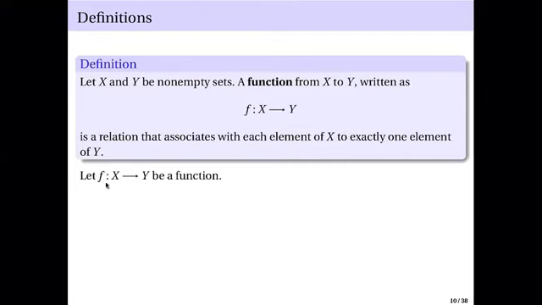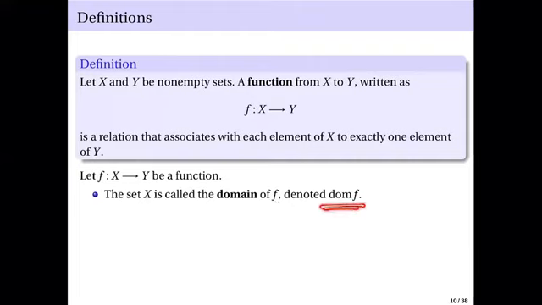The set X, this guy here, we call it the domain of F. And we denote it by dom F. So the domain of F. The set Y, this guy here, we call it the codomain of F. So take note of the name, codomain of F. So this guy here, it's the domain of F. This guy here, it's the codomain of F.